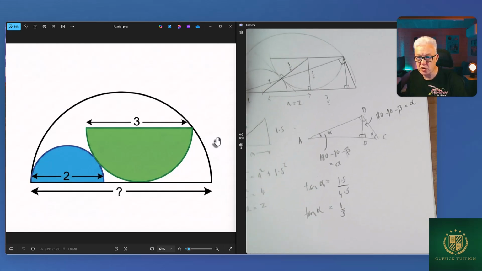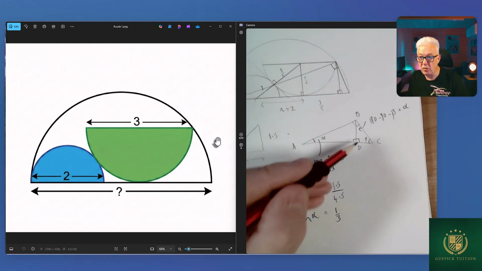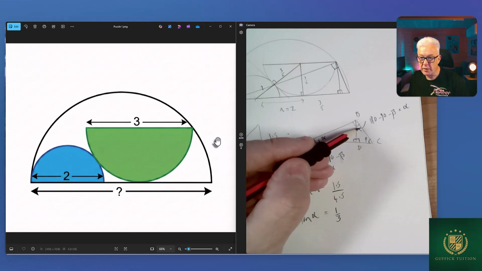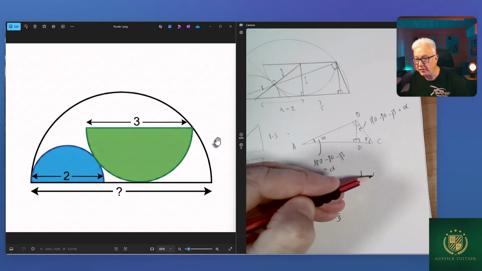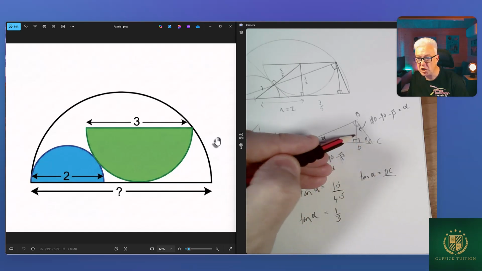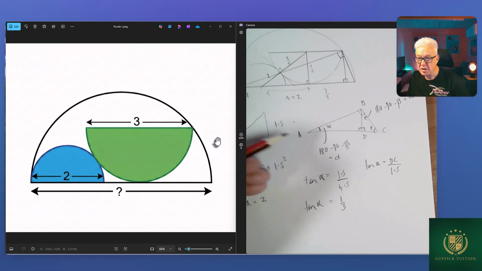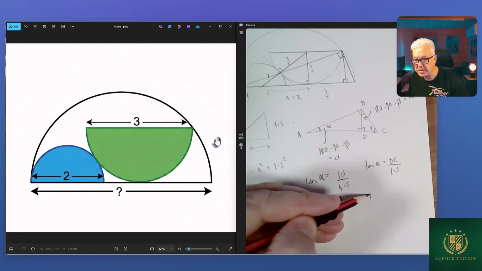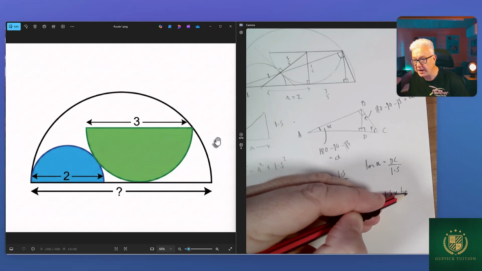And now let's use trig in the little triangle BDC in order to work out what the length DC is. So going from this angle here, which is alpha, we can say that tan alpha is equal to opposite, which is DC, over adjacent, which is BD, which is 1.5. So therefore we can say that DC is equal to 1.5 times tan alpha.